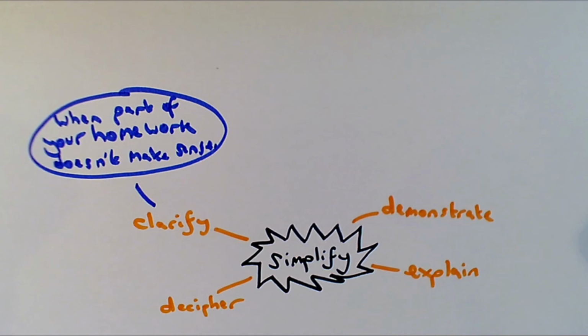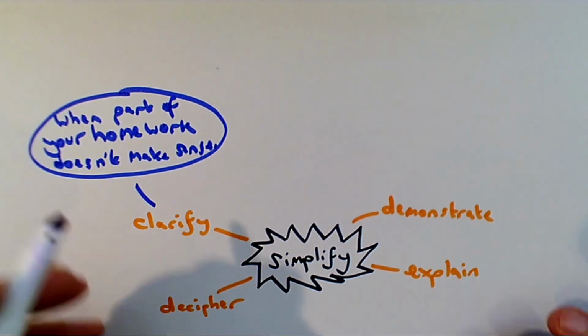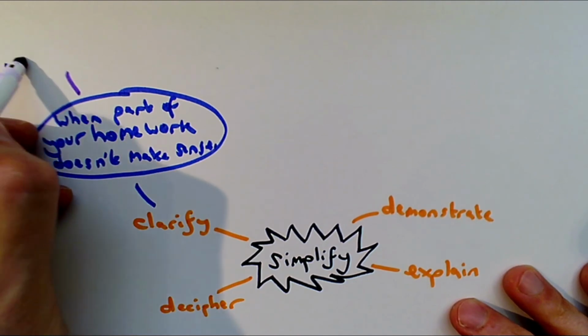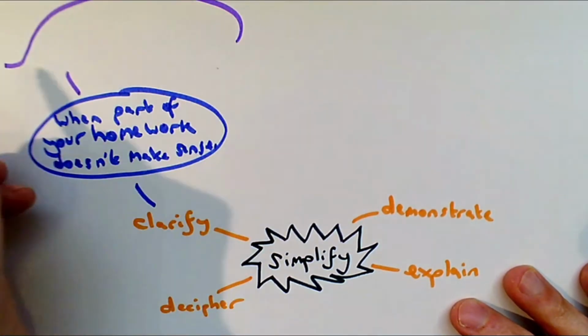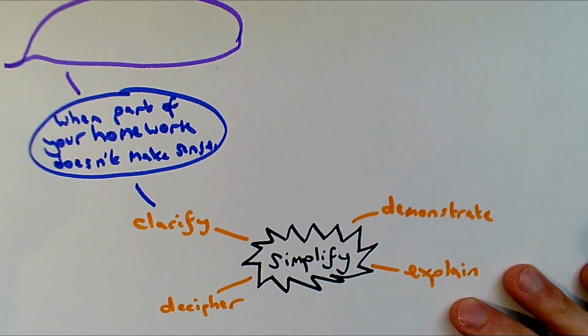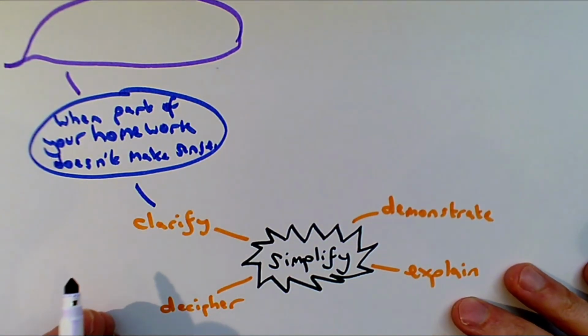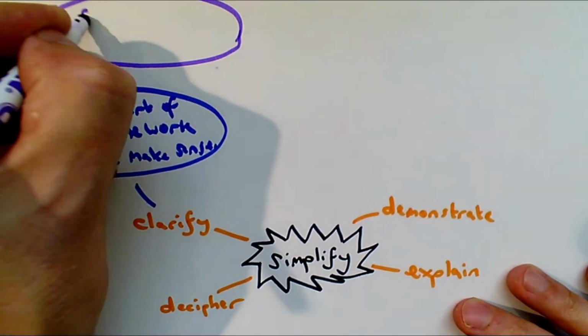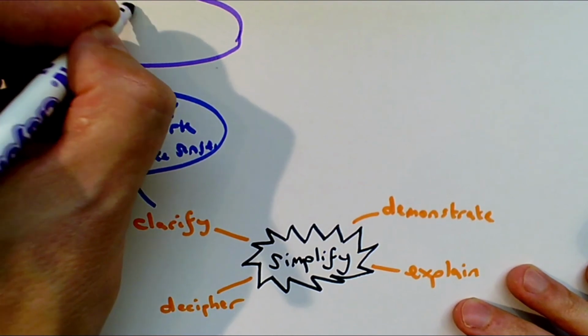So now we'll think of a sentence that might use the word clarify. So I'll draw a big speech bubble here. And maybe if part of your homework doesn't make sense, you might say something like, "I'm confused.